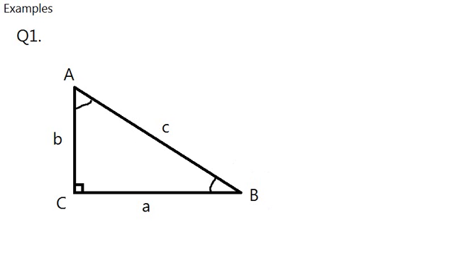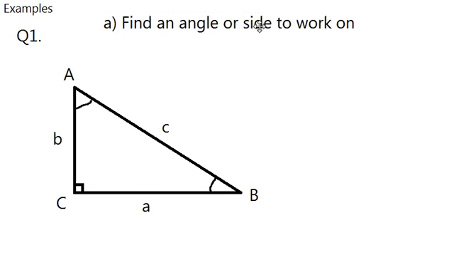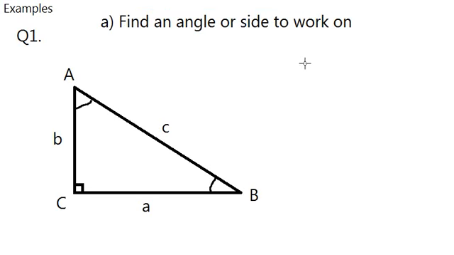So I will give you a step-by-step guide on how to solve trigonometry. The first step will be to decide which angle or side you want to work on. That is just to select a perspective for your choice.